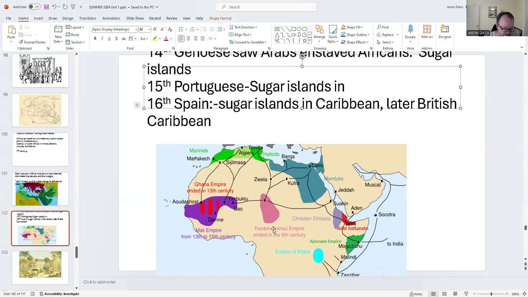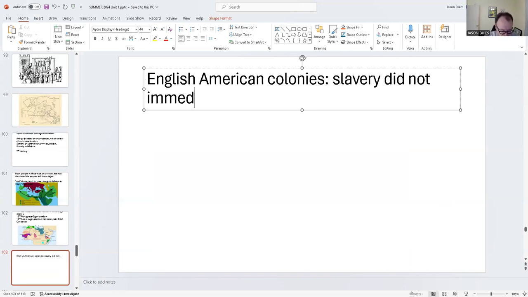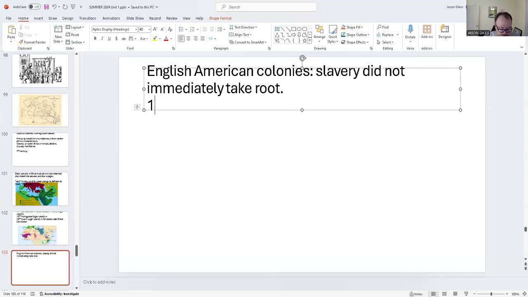Now, as to the main English colonies in America, slavery did not immediately take root, partly for reason number one: there were enough indentured servants that slaves weren't needed, particularly in Virginia.